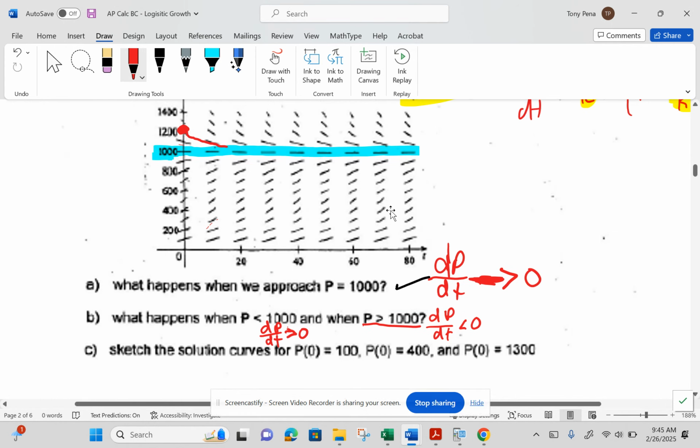All right, and then the last thing. Now you're actually going to kind of do what I was doing here. Plot this point, if you remember when I had you do these. So plot the point (0, 100). So this would tell us that if the initial population was 100 people, 100 whatever, deer, whatever we're talking about, sketch in the slope field that would go through this point. All right, and again, you're just connecting dots.